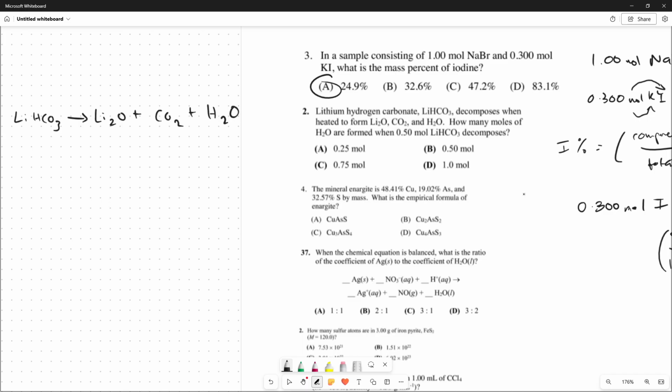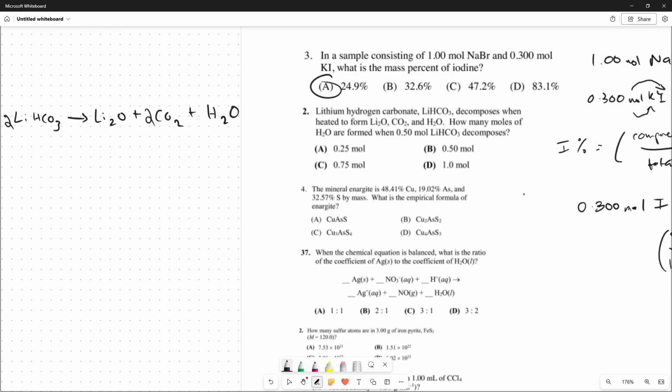Looking at the reaction, we can see that it's not balanced. We have 2 moles of Li, the same number of carbon, the same number of oxygen too, and a different number of hydrogen. But this is pretty easy to balance: we put a coefficient of 2 here, and we end up with 2 carbons after putting that 2 there, so we have to put a 2 here. That's going to be our balanced equation.